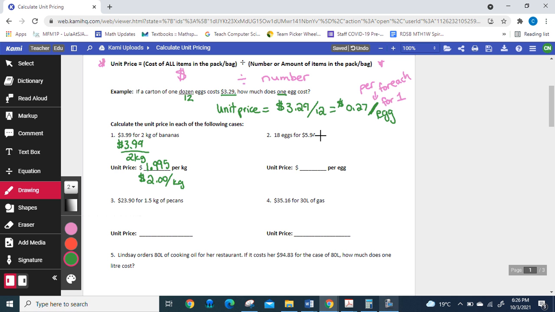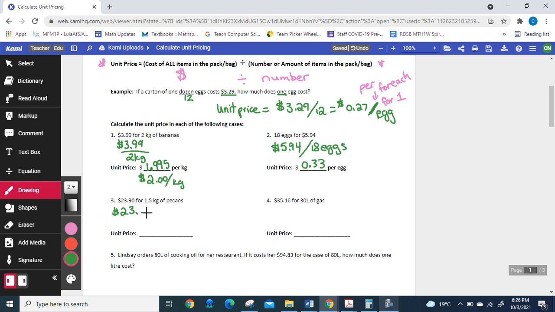How about 18 eggs for $5.94? So $5.94 is how much it costs for all 18 eggs. So $5.94 divided by 18 gives us 0.33, or 33 cents, per egg. $23.90 for 1.5 kilograms of pecans.